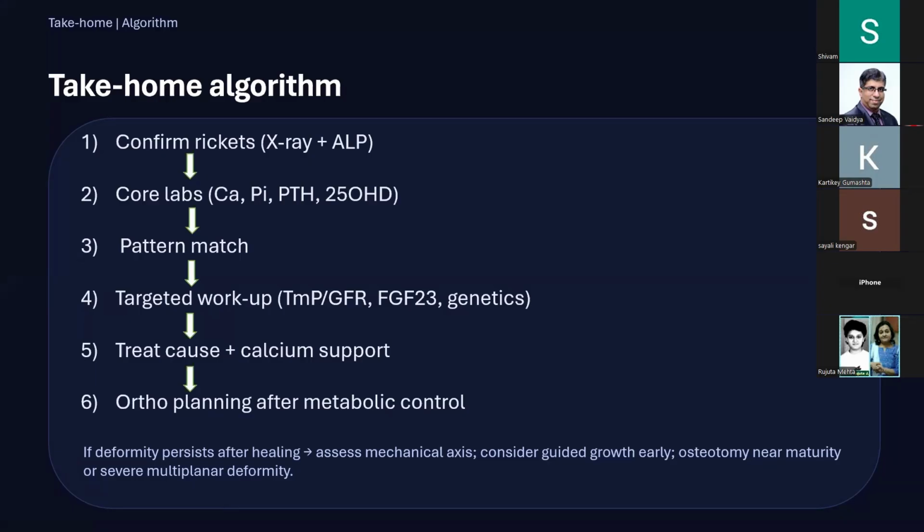Then a targeted workup is done, or targeted therapy is provided to treat the cause, whether it is vitamin D deficiency, calcium deficiency, or phosphate wasting. The cause has to be treated first, and after treatment of the cause, with calcium support, we come to orthopedic planning and deformity correction after metabolic control.